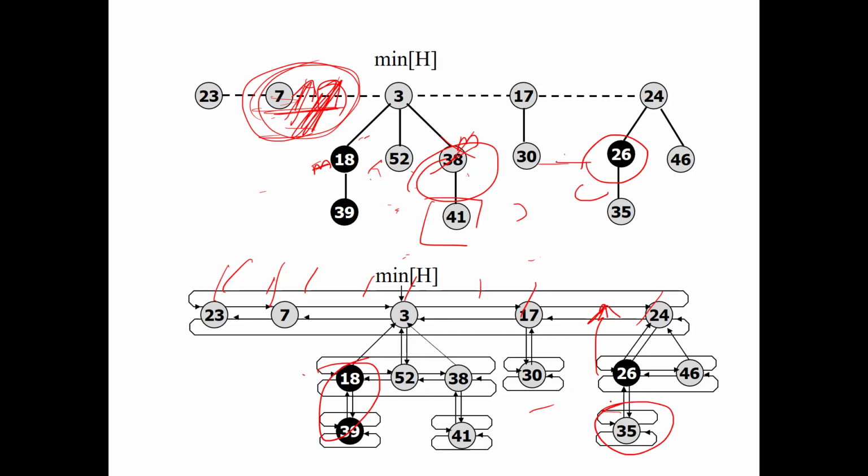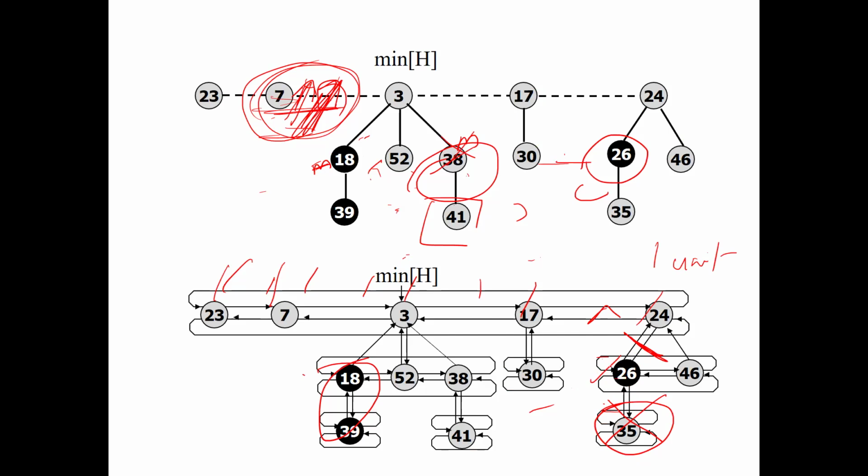Suppose that 35 is lost from 20. 26 is already a marked node and 35 is removed currently. Now, when 35 is removed, you have to cut it from its parent. So that takes a unit cost. 1 unit of cost for cutting it from its parent. That is removing it because 26 is marked. Why? Because it already lost a child before.